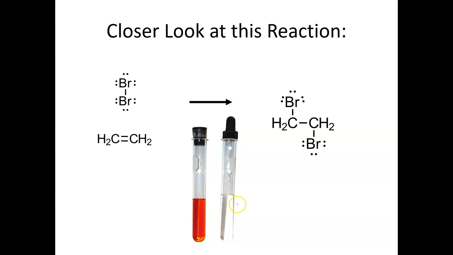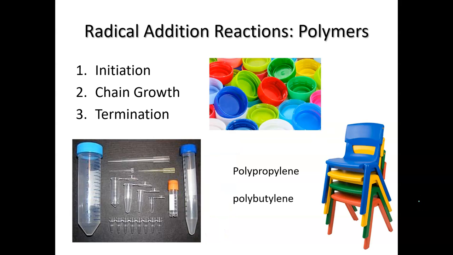So that allows us to understand that when it turns colorless, it reacted, the bromine is no longer in solution, and it reacted with our compound that has double bonds in it. So this, again, relies on the polarizability of the halogen bonds, and this can then tell us about the product that we form.